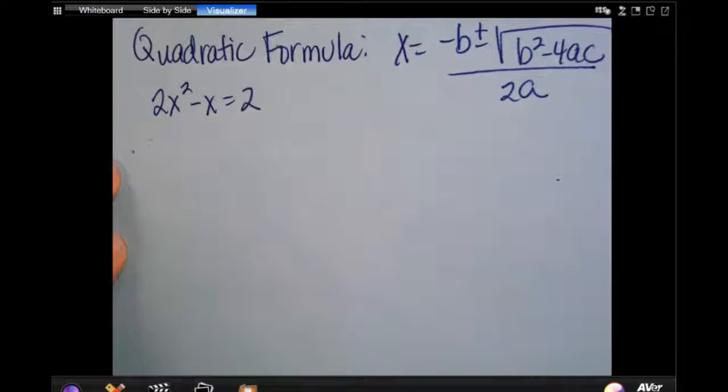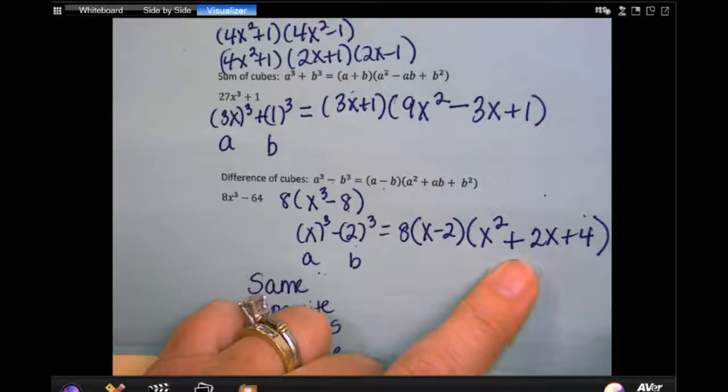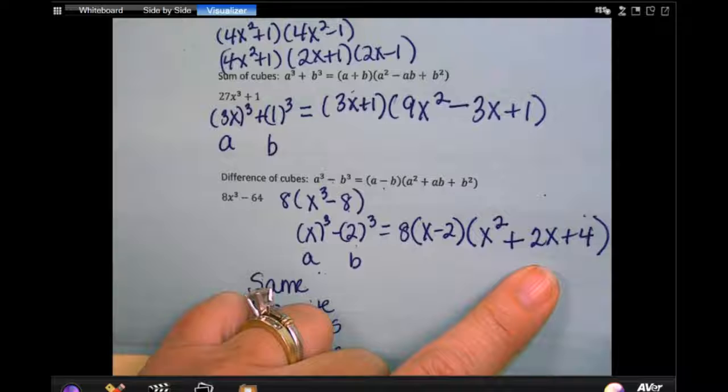When do I use the quadratic formula? So over here, the x squared plus 2x plus 4, it doesn't factor, right? But you can use the quadratic formula and get roots. So when you can't factor it, you're going to use the quadratic formula.